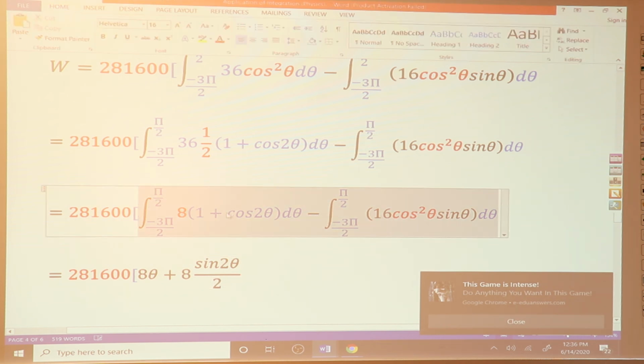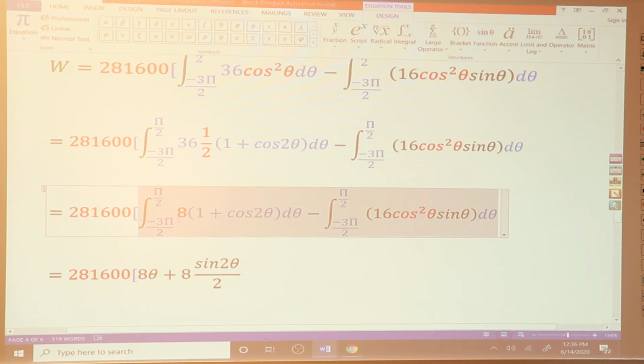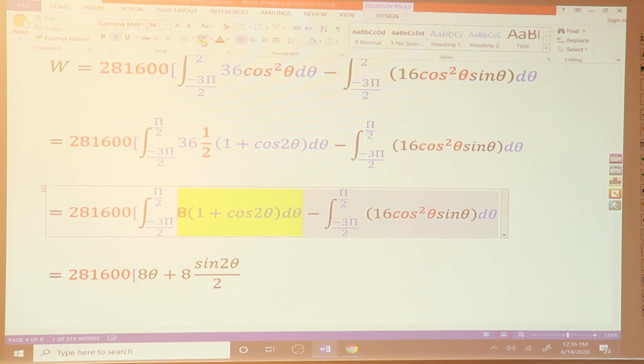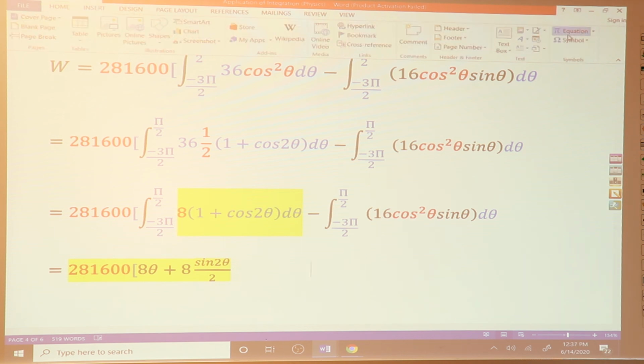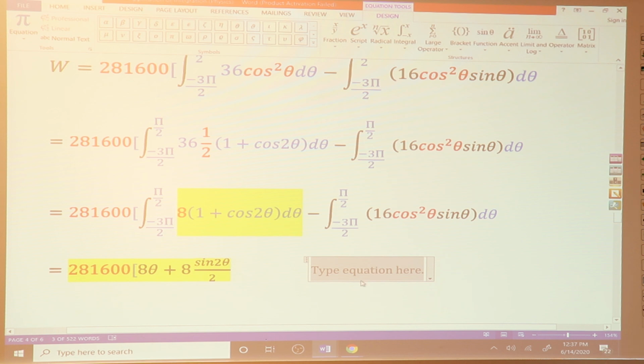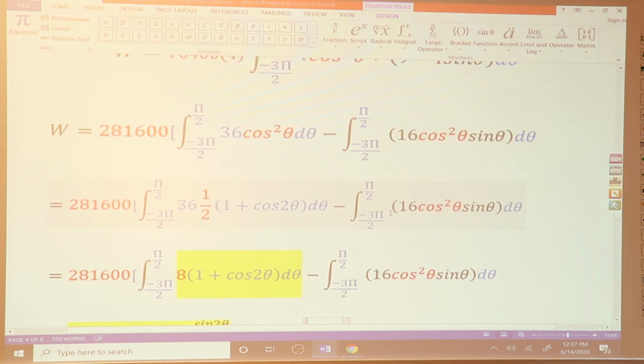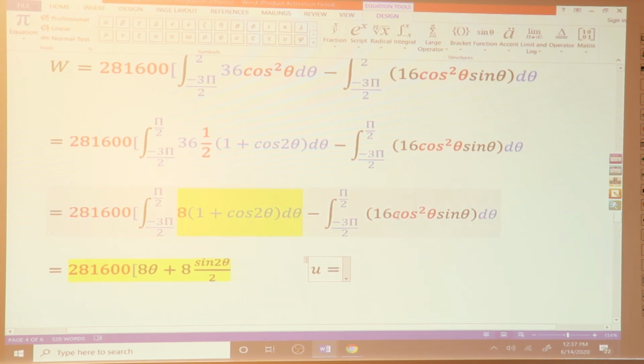Okay, I'm going to highlight this, and this is for this. Okay, let us go to this one here. We're going to do something for this. Just keep the time with me. We're going to take u equal, right guys, u equal cosine theta.